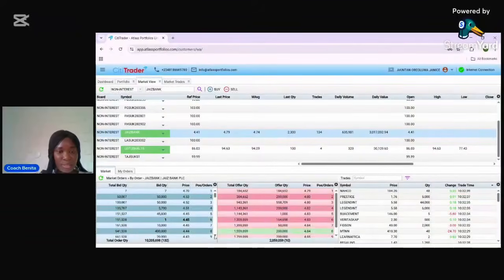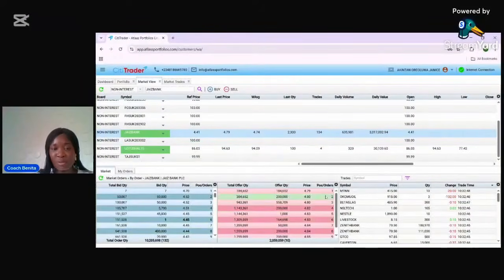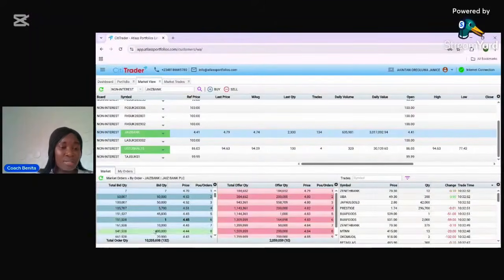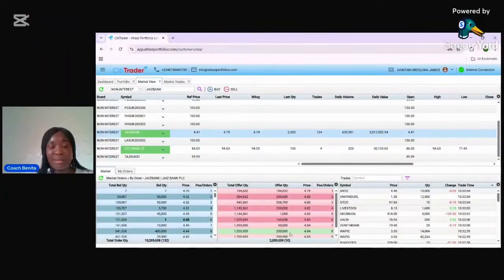So let me look at it now. I believe that we understand this very well. When we have more buyers in the market, it forces the price up. When we have more sellers in the market, it forces the price down. So this is showing you that we have more buyers in the market, 113 people wanting to buy 10 million units plus, but only 2 million units plus, 10 people, are willing to sell.